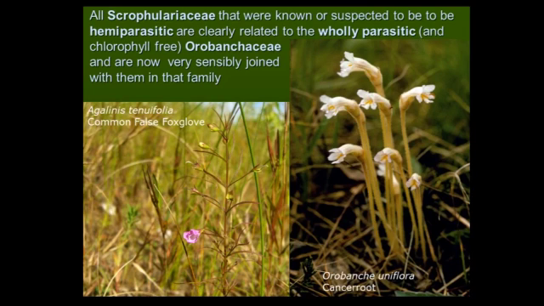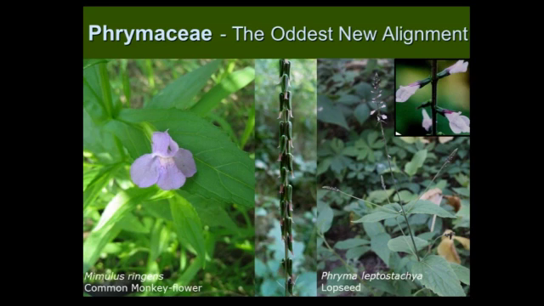These Scrophulariaceae, what used to be Scrophulariaceae, are all hemiparasites. Hemi because they still have some green color, but they all parasitize other plants. And it turns out when you look at their classification, they actually fall together with these plants, which we used to put in the Orobanchaceae and still do.